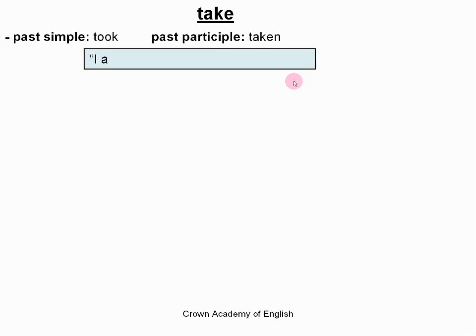So first of all, the verb take. The past simple is took, and the past participle is taken. So it is an irregular verb. Now let us look at the form.